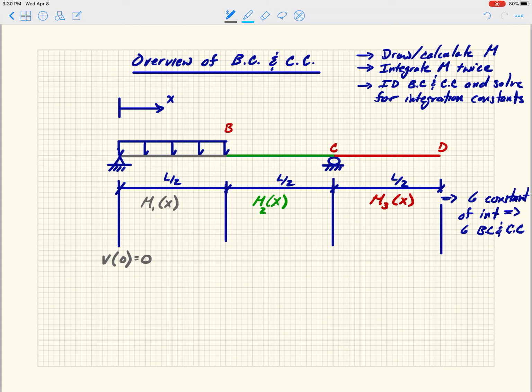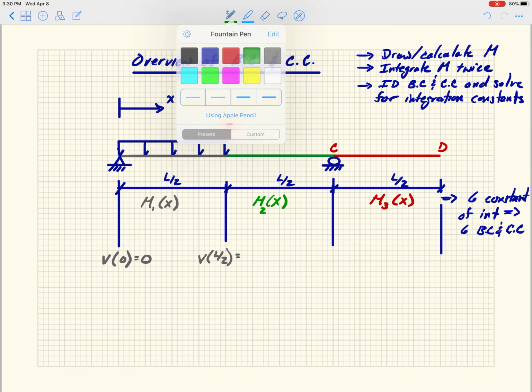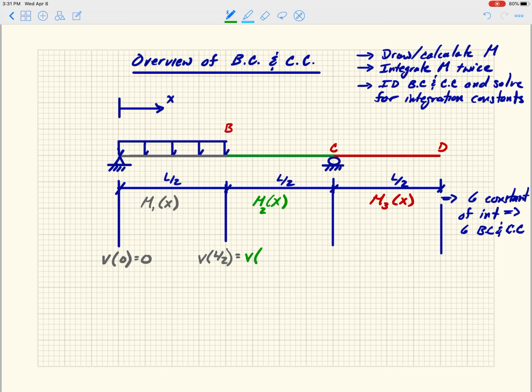Then we're also going to have at point B that V of L over 2 for the gray elastic curve has to equal V of L over 2 for the green elastic curve, right? Basically, the deformed shape requires that the elastic curve in the gray and the green have exactly the same value at B, because they're both defined there.